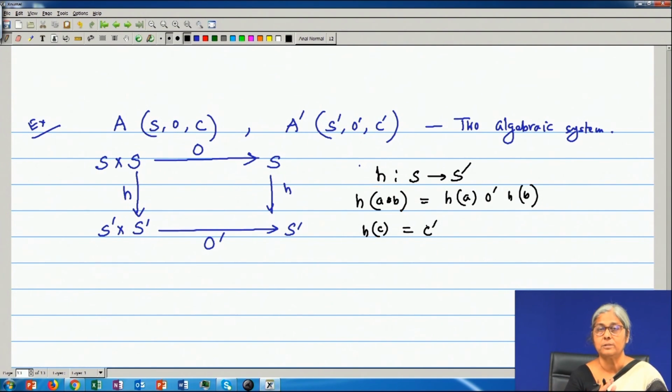So, the way we started was the study of algebraic structures. In this lecture we have read some algebraic systems like semigroup, monoid and group, and how from one algebraic system we can get to another by applying some function.